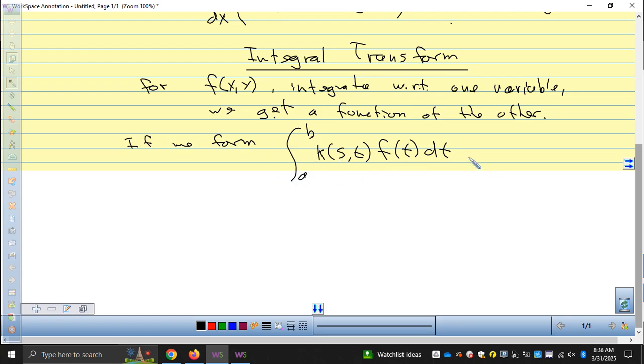We end up with a function of s because we're integrating with respect to t and we have a definite integral. So we have transformed that function f of t into some function of s.